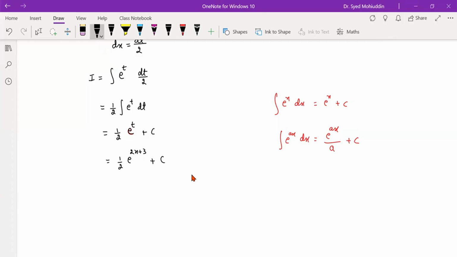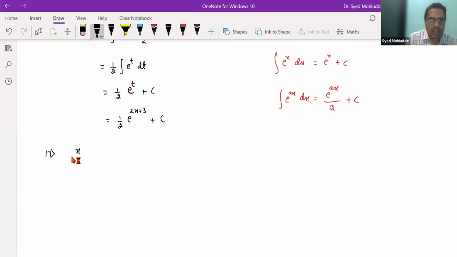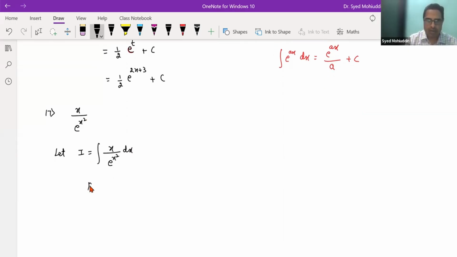Very simple example. Next one, you have x by e power of x square. So it should be t over here because it is e power. So the power value of e can be taken as a t value. Therefore, put x square to be equals to t. You have to differentiate this one.